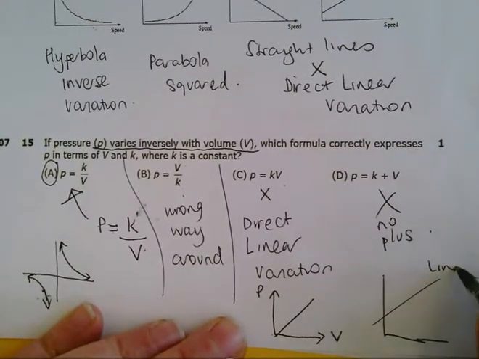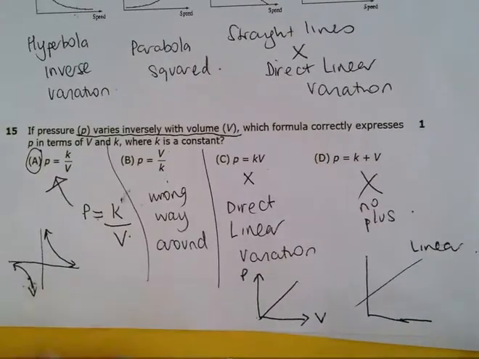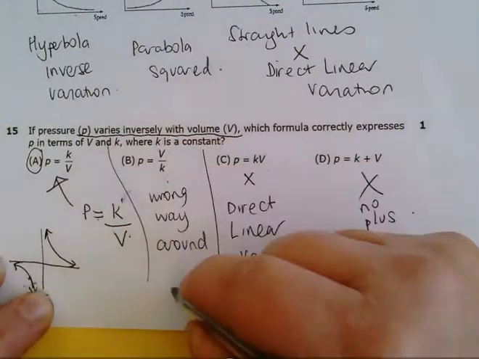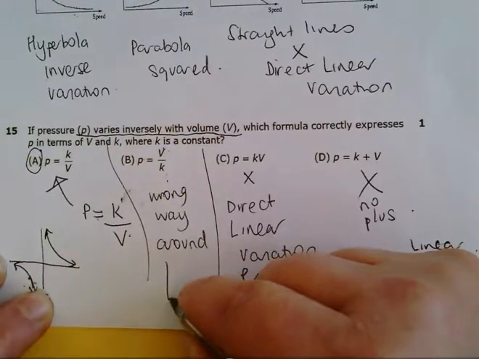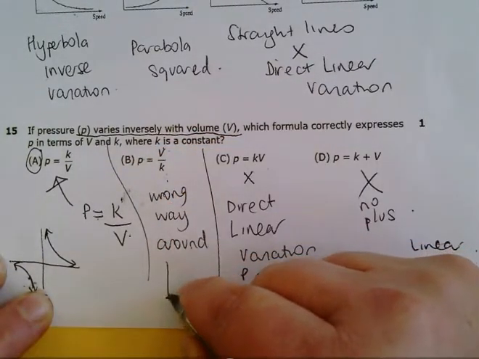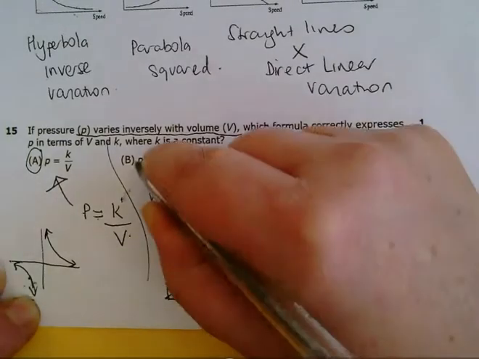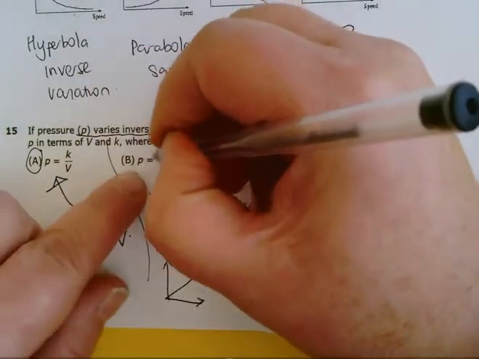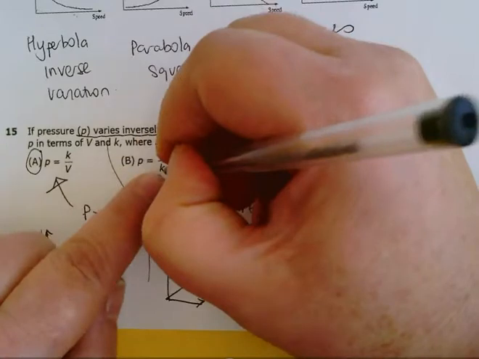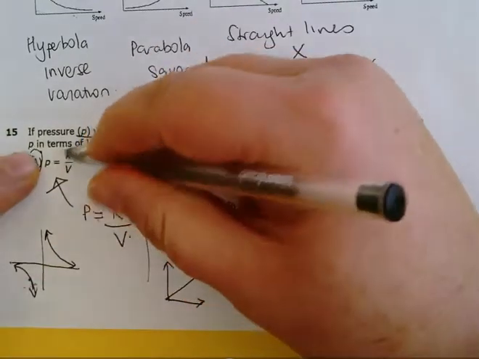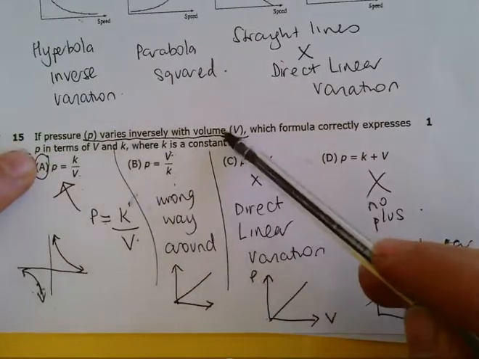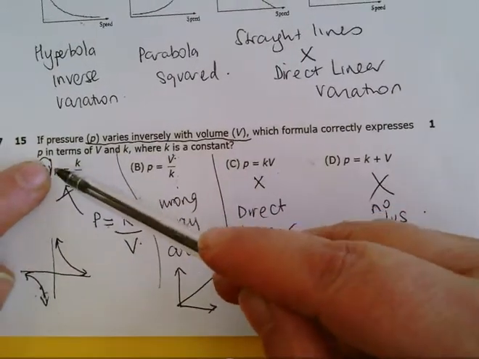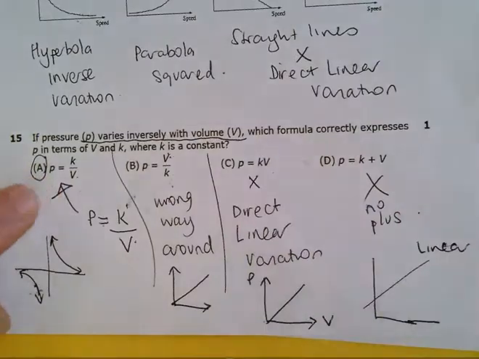So that's also linear with a shift up. And this one would also be linear: P equals V divided by K, but it would have a very small gradient, because the P and the V are on the same line, on the numerator, just divided by some constant. So this one is inverse. Here the pressure varies inversely with the volume, so P on the numerator, V on the denominator.